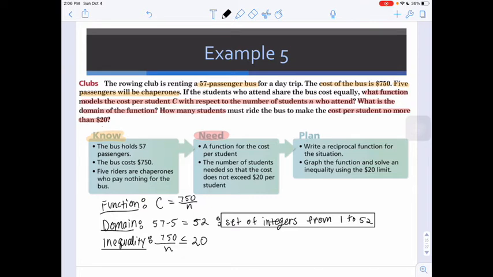Now, we can do this using a graphing calculator. So you are going to graph 2 separate pieces. We're going to graph y1 will be the 750 over N. y2 will just be 20. And then once you find the point of intersection of those 2 pieces, that will tell us how many students we need to max out at $20 per student.